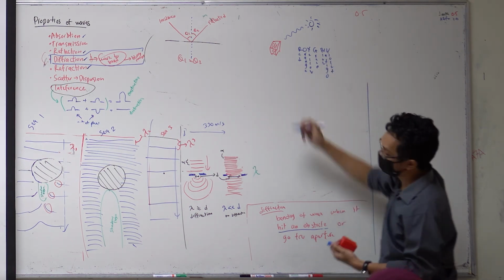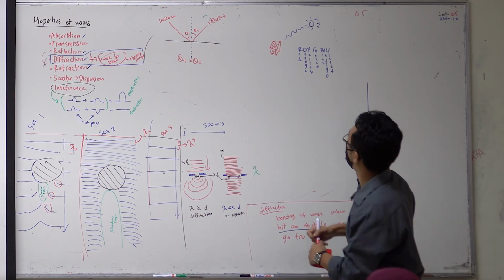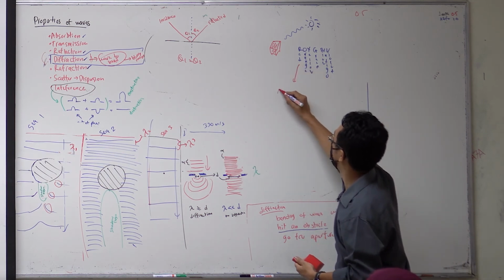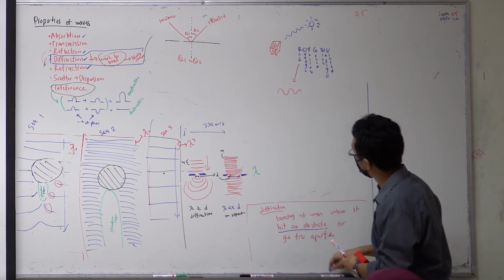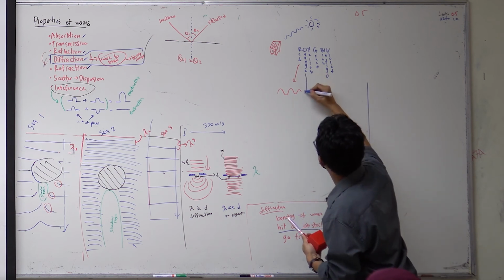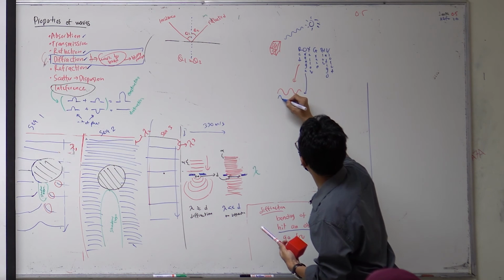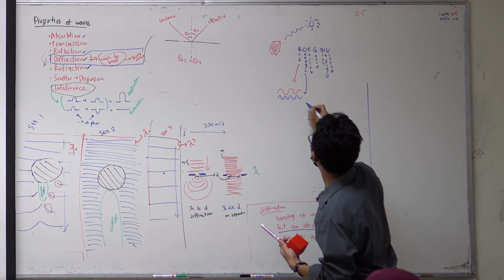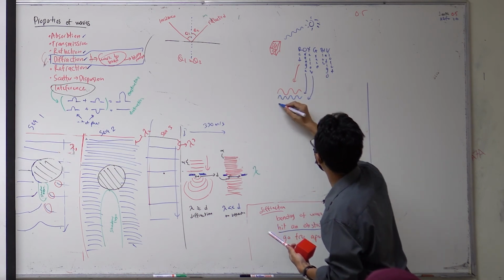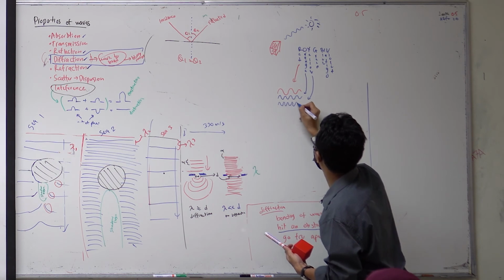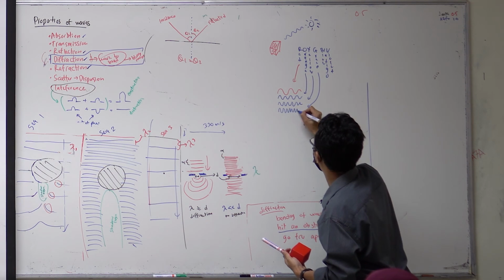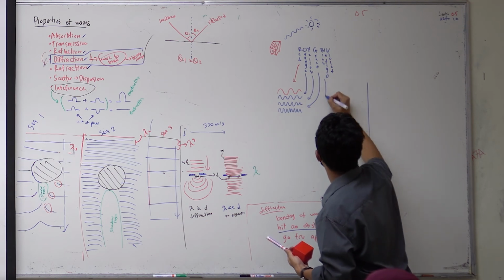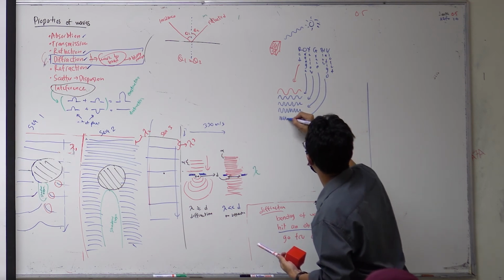So basically the red here, what does it mean? Red is basically just something like this. The orange has something more energetic than the red, and then the yellow is even more energetic than the orange, and the green is more energetic, and the blue is more energetic.